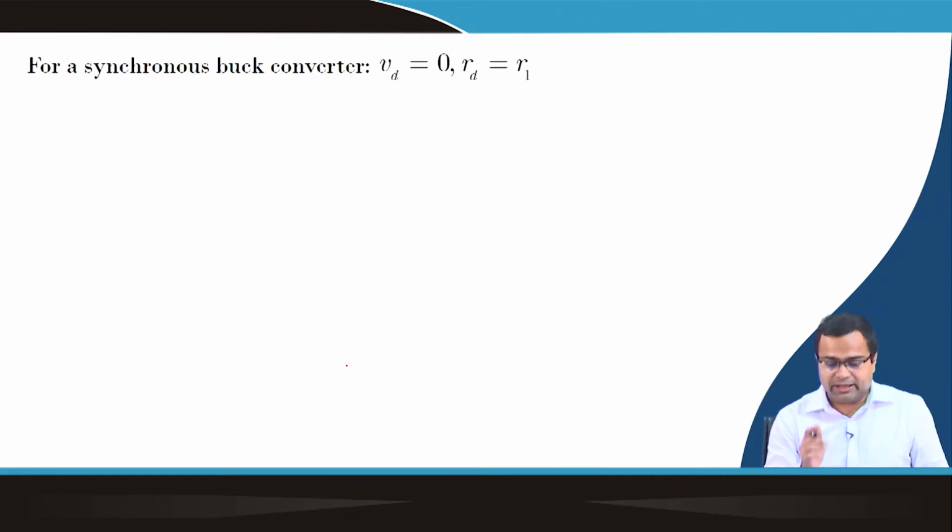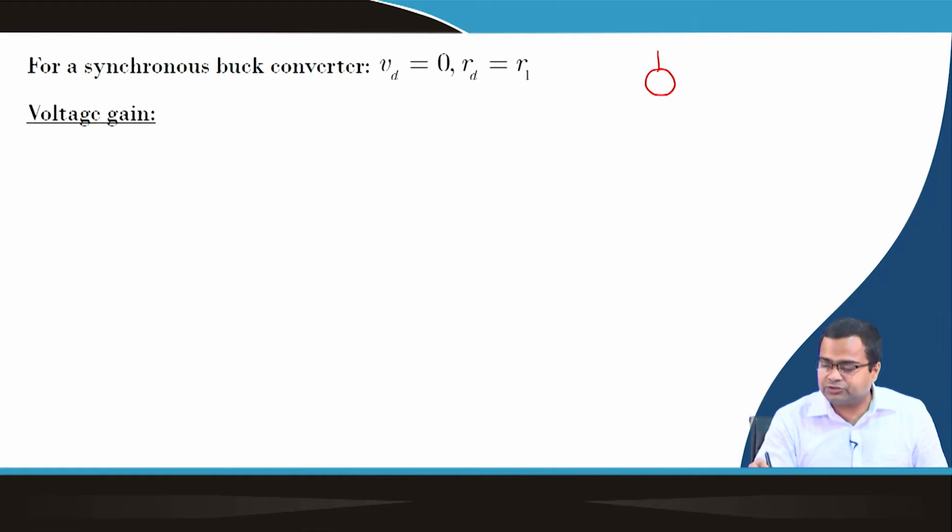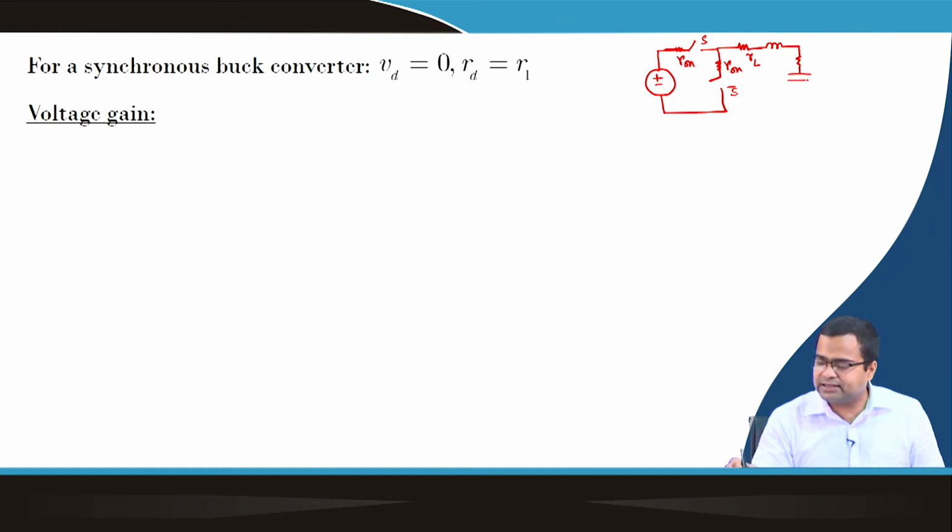Now, if we take a synchronous buck converter where we are not considering a diode, if we draw the actual circuit, it is like this, and we are assuming the on resistance to be identical for both the cases, for simplicity. This is my switch, this is my switch bar, this is my inductor, then this is my capacitor ESR, this is my L, C, and this is my load resistor.